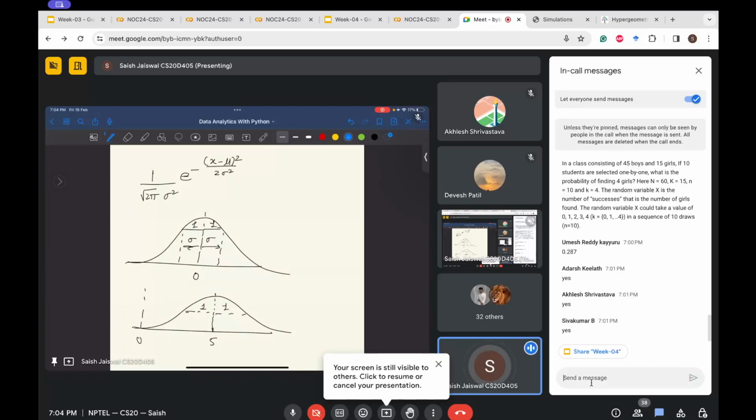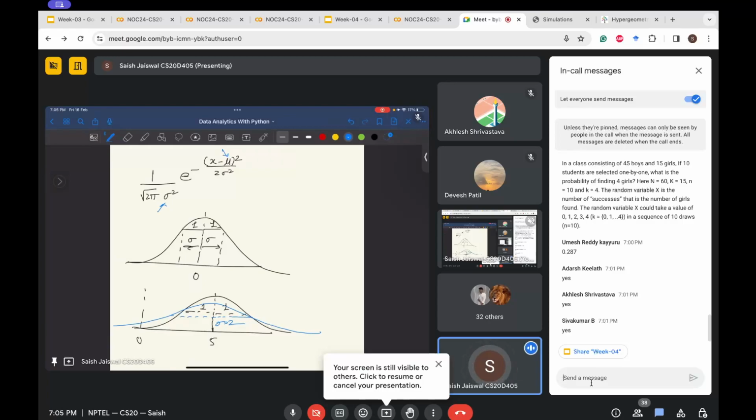Now if the mean is 5 and standard deviation is 2, it means that the spread of the data is high. So the distribution will look like this. Here sigma is equal to 2, say. Depending on the value of these parameters, the shape of the distribution will change.